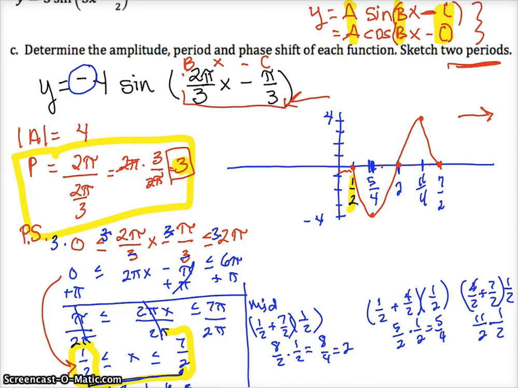So to determine the starting point, we'll take the number 1/2 and we'll just subtract 3. That means we're finding the distance 3 radians to the left. So we will subtract 3.